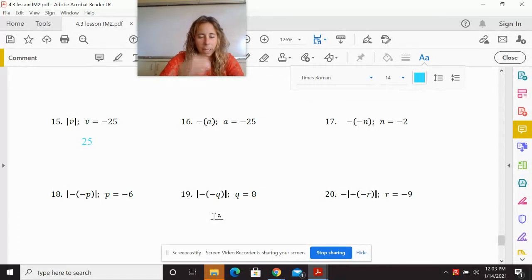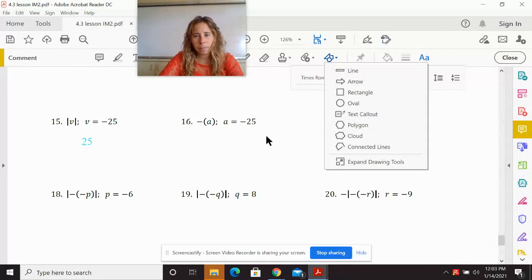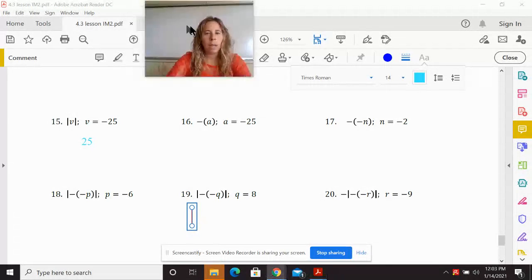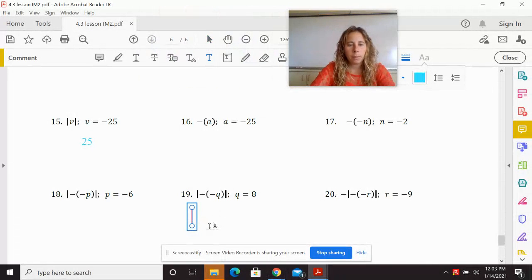I'm really tired of drawing in absolute values. Let's use a line. Okay. So the absolute value. Before you even substitute an 8, I would go, okay, negative and a negative. That's already a positive q.